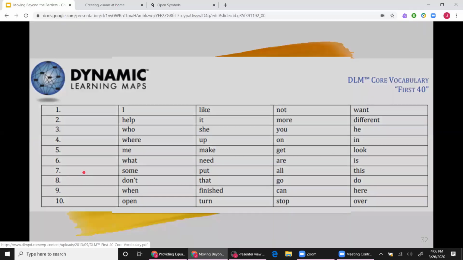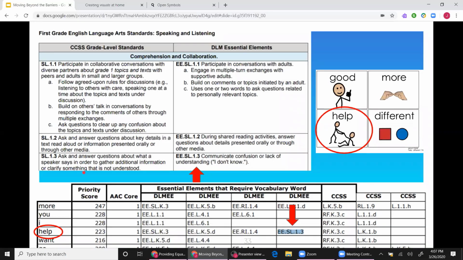This is probably one of my favorite slides in the whole presentation because I don't know how many of you are writing your IEP goals and linking them to either the Common Core State Standards or the essential elements. But really, that's probably what we should be doing.